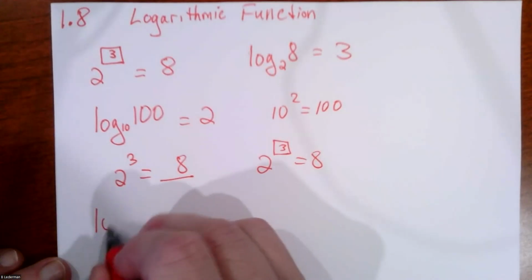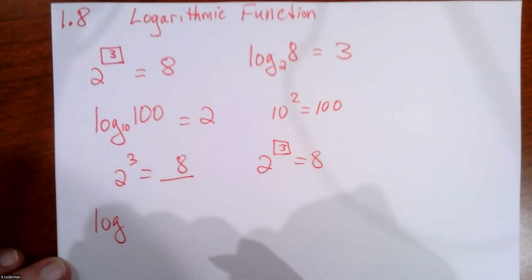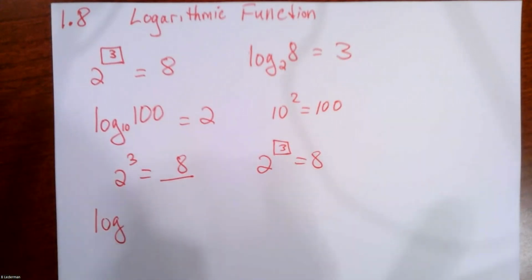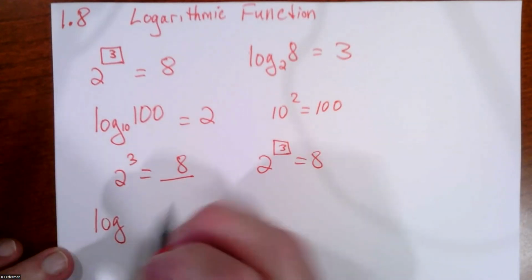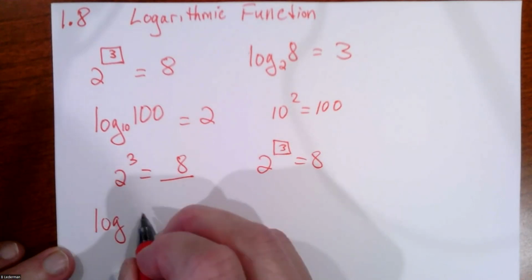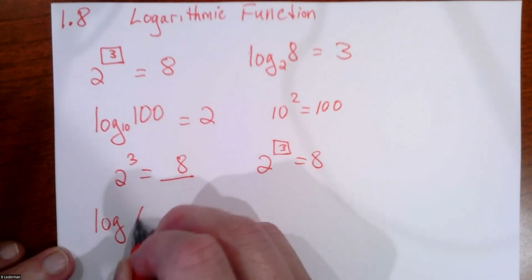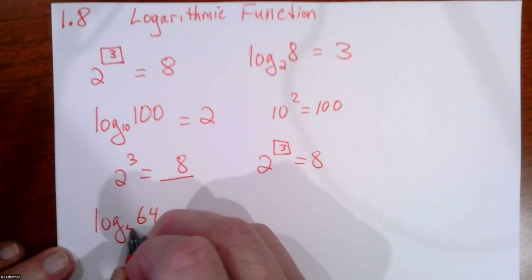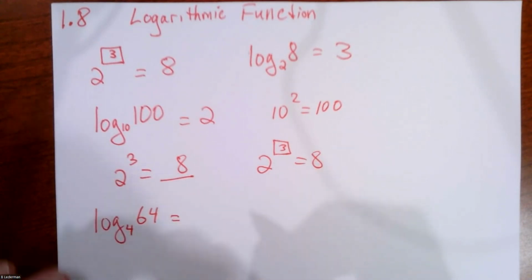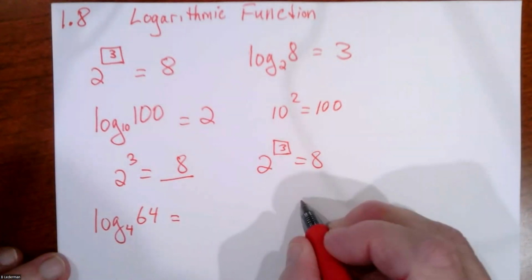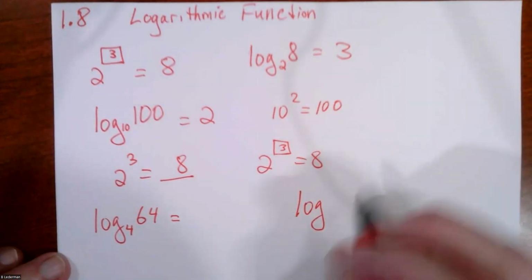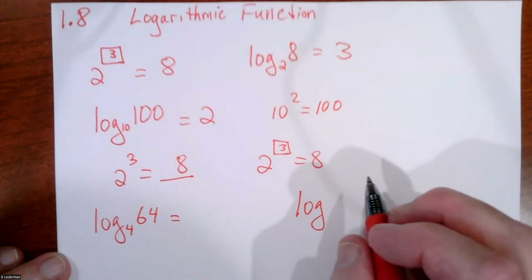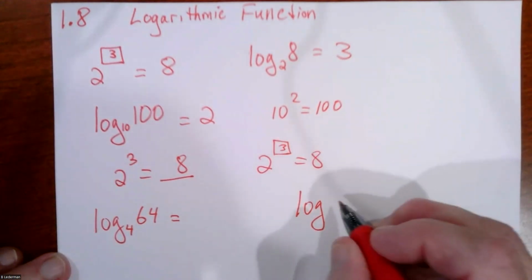So what is the log? I'm going to write a couple of log thingies here, and you guys fill it in. No calculators, just use your brains. The log of 64 base 4. So 4 raised to what power gives you 64? And here's an interesting one.